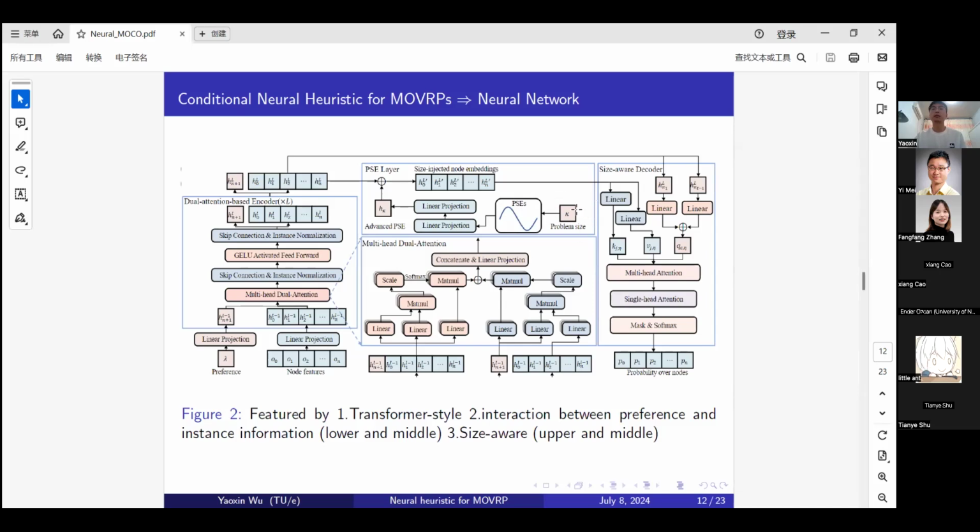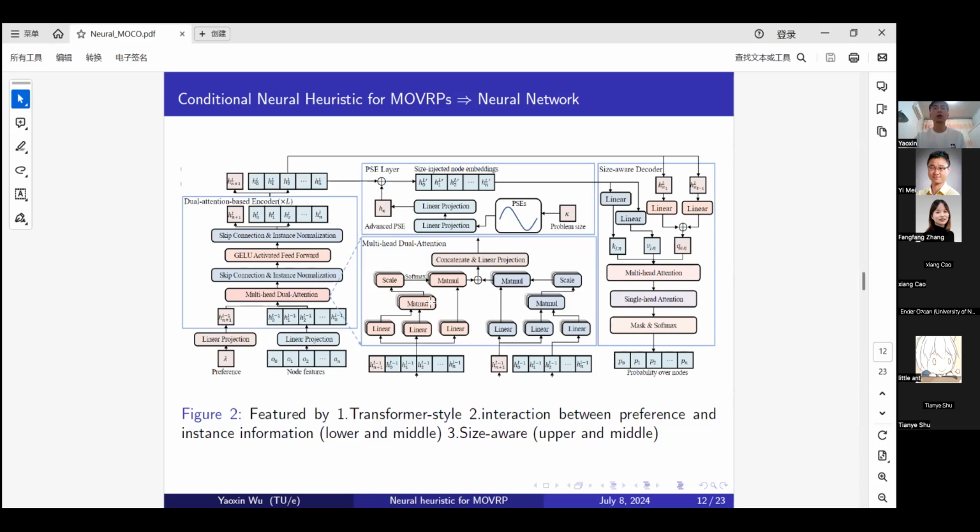So we add this problem size as additional information, and use position encoding to get the embedding of this size, and then we use a linear projection to process the problem size into another embedding, and this embedding is added to the node embeddings from the encoder.